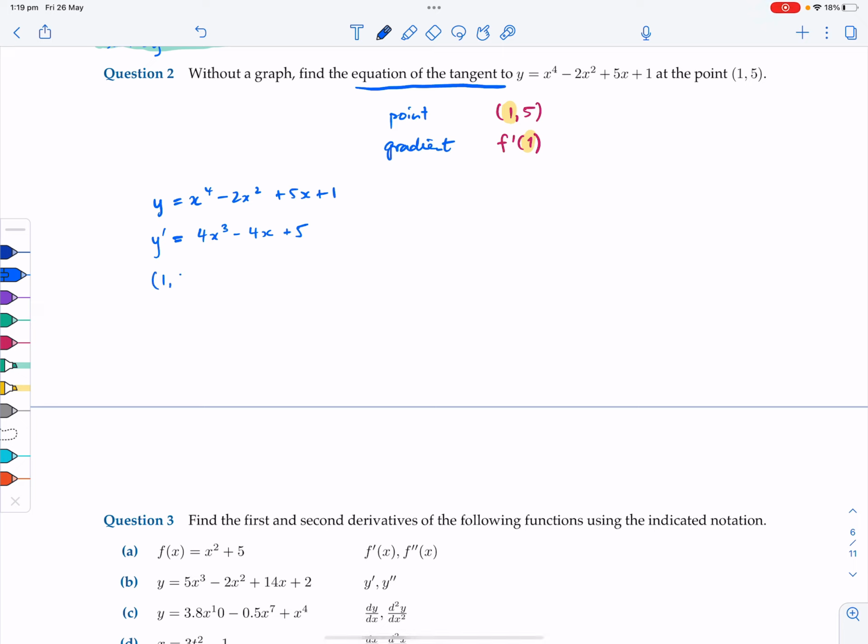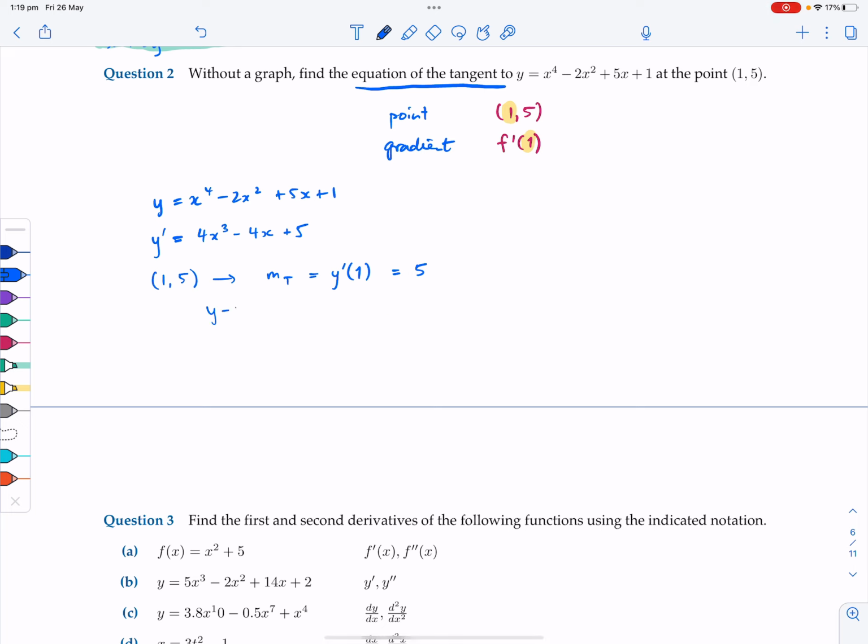And at the point 1, 5, the gradient of the tangent is f dash. Now, we don't have an f, so can we write y dash evaluated when x is 1, right? And so that, let's do a mental calculation, we're looking here. So that's 4 minus 4 plus 5 is 5, okay?